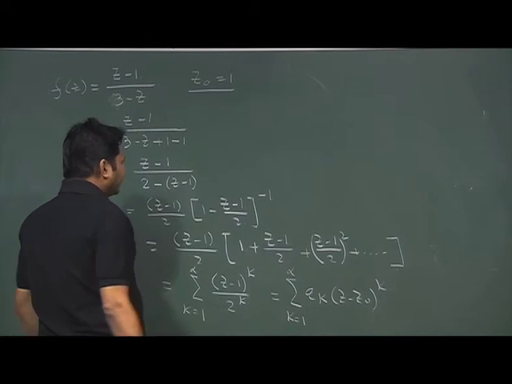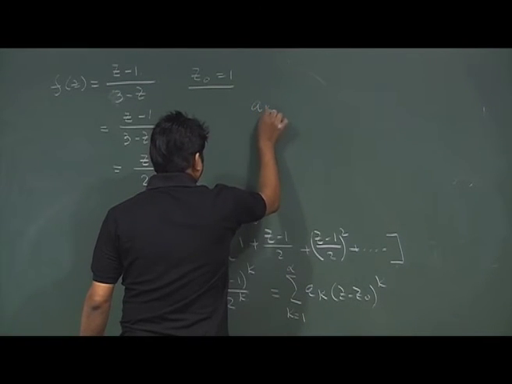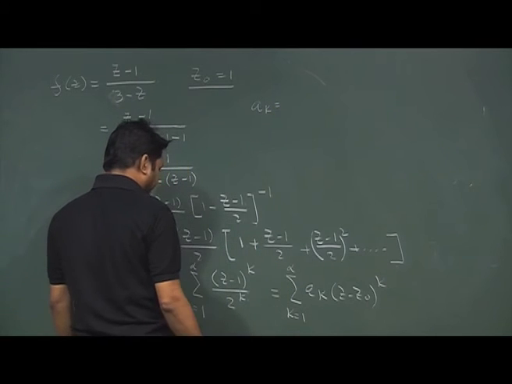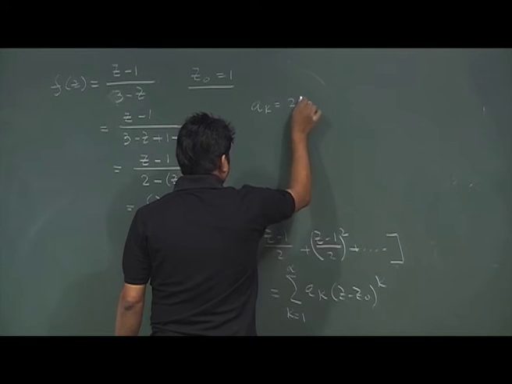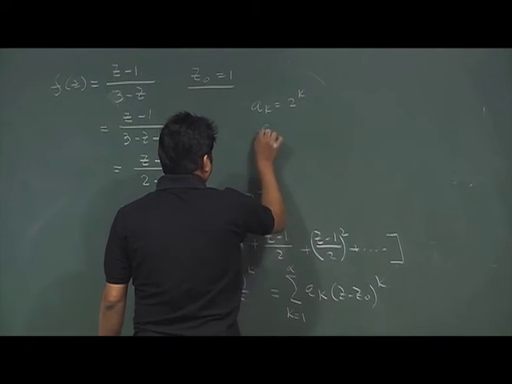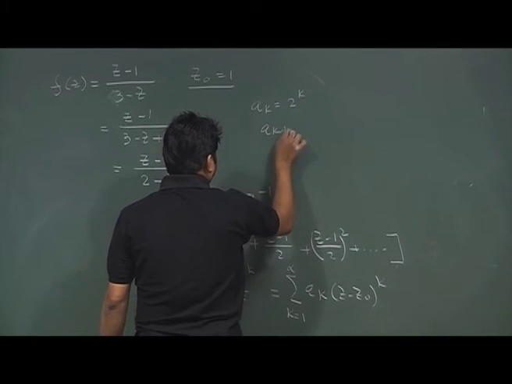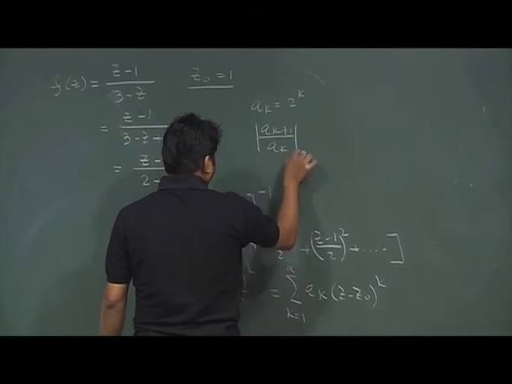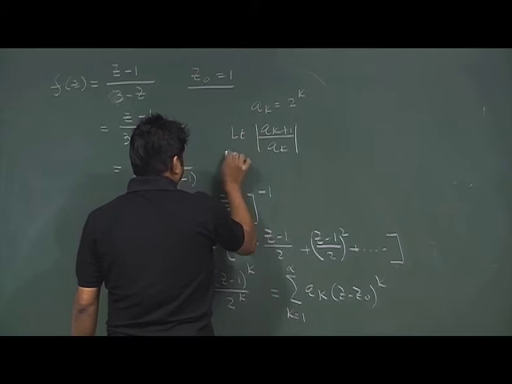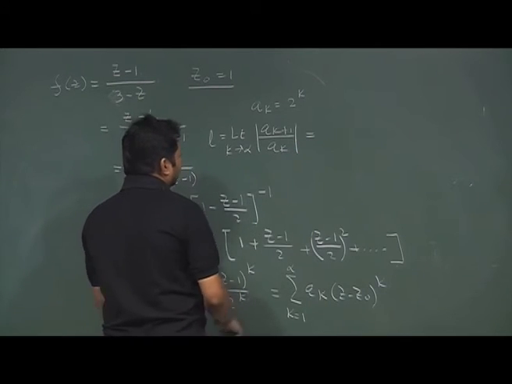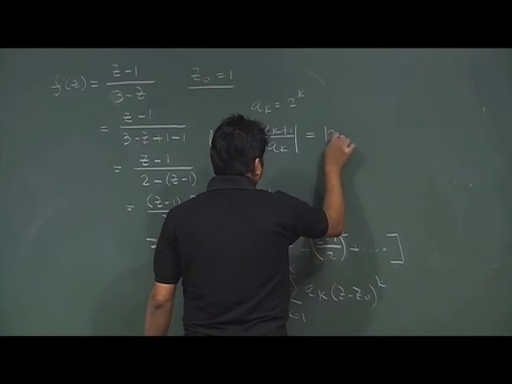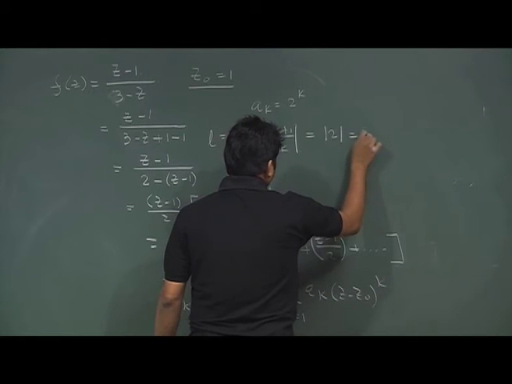then my a_k comes out to be 1 over 2 to the power k. So, the limit of mod of a_(k+1) by a_k as k tends to infinity is my L, which is something like mod of 1 by 2, or 2.